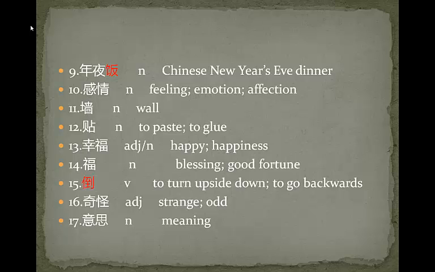第十五个倒 to turn upside down, to go backwards. So this character can be divided into the left and right part. The left part consists of two strokes. 单人旁, we call it 单人旁, single human. 单人 means single, because we have two strokes. It looks like the character 人, right?